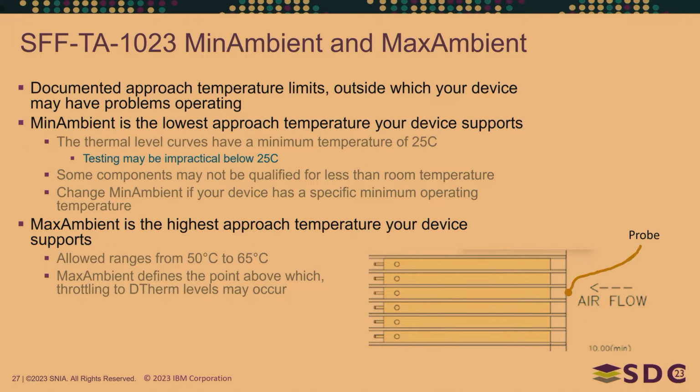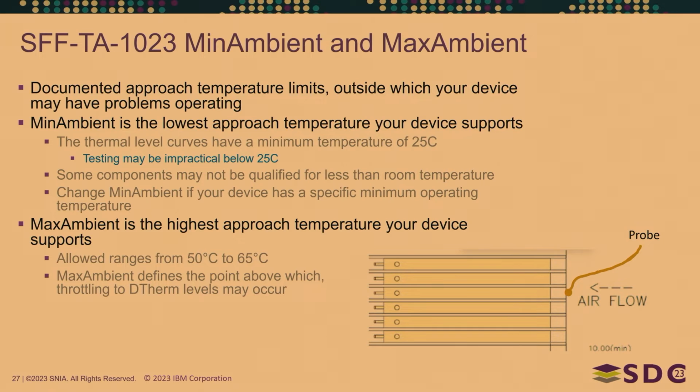So look at min ambient and max ambient. This is your documented approach temperature limits outside of which your device may be having problems operating. So the min ambient is the lowest approach temperature your device supports. Most of us aren't going to have any special requirement here, but the spec's thermal curves only go down to 25 C, and if you actually want to test below 25 C, it's kind of impractical.